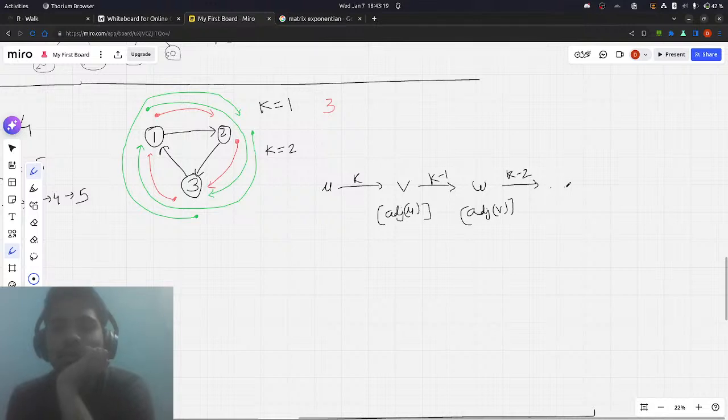In this way we go till we have a path of length 0. This is how we are calculating.